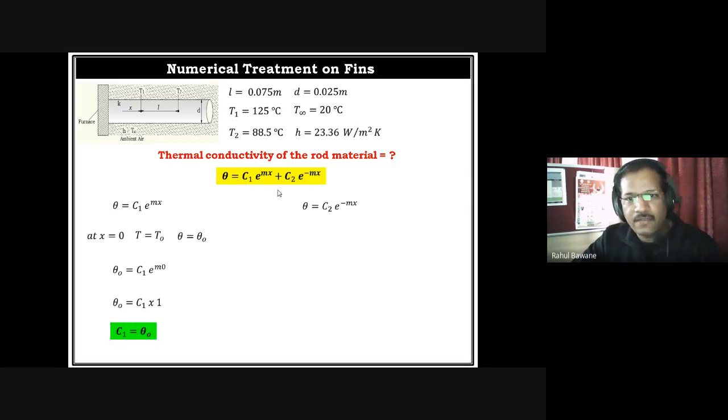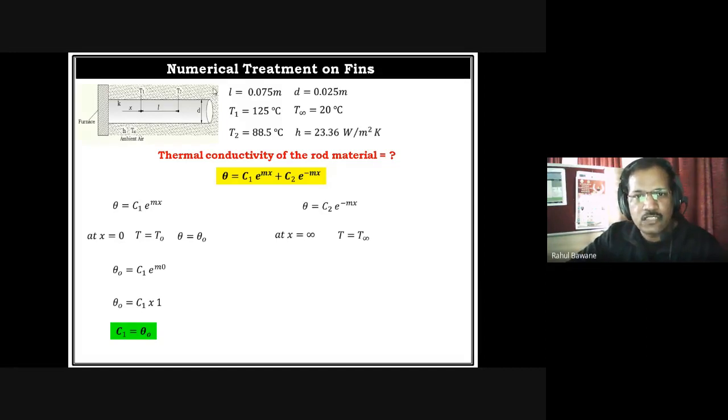Now we will find the value of C2 by using the second part. For the second part, we apply the second condition, that is the tip condition, and we are assuming an infinitely long fin. So at x equal to infinity, T becomes T infinity, because heat will not reach that infinite length of fin.